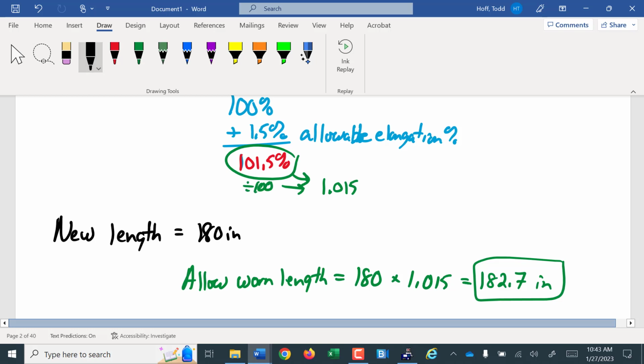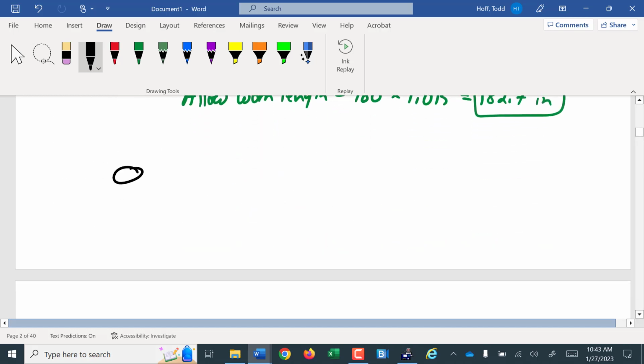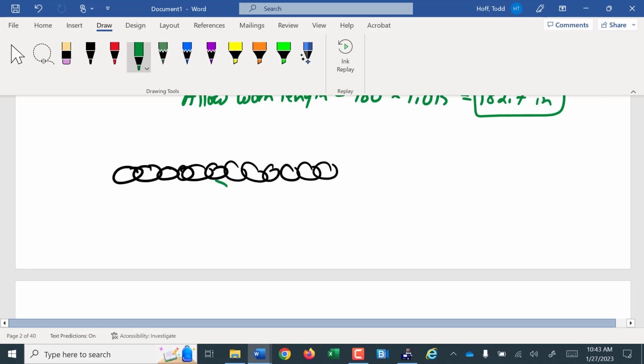Now we're keeping this pretty basic here. In practice, you would never measure 180 inches worth of chain and find its elongation, because you have this chain here and it doesn't function the same way at every location on the chain. For example, if it's going over a pulley, one of the advantages of a chain is when it goes around a pulley, unlike a rope, the chain flexes.